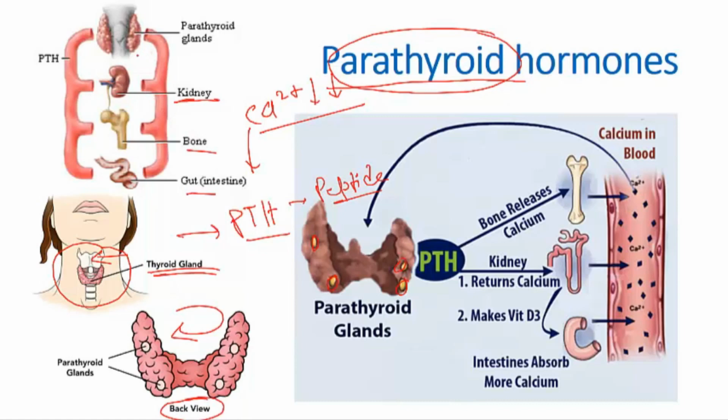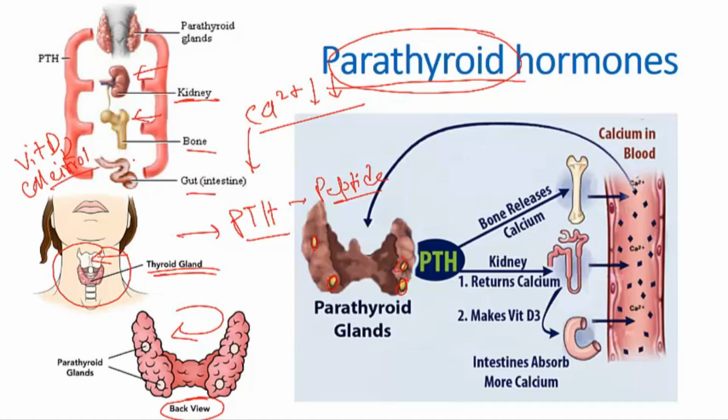In the kidney, this parathyroid hormone causes direct reabsorption of calcium. In bone, it causes the resorption of the bone, and in the gut, it stimulates the conversion of vitamin D into calcitriol.